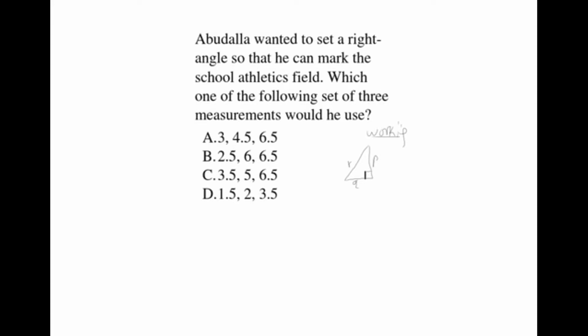So we know that using the Pythagoras theorem, R squared is given by Q squared plus P squared. So we are going to test our measurements which we have been given in our answers to see which one of the sets obey the Pythagoras theorem.